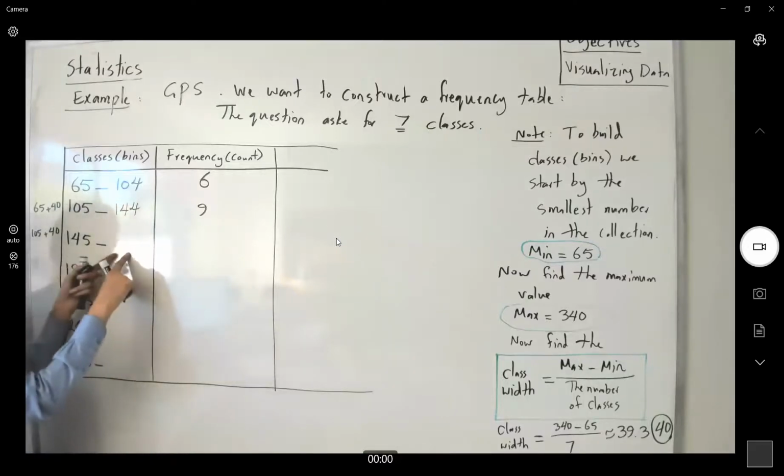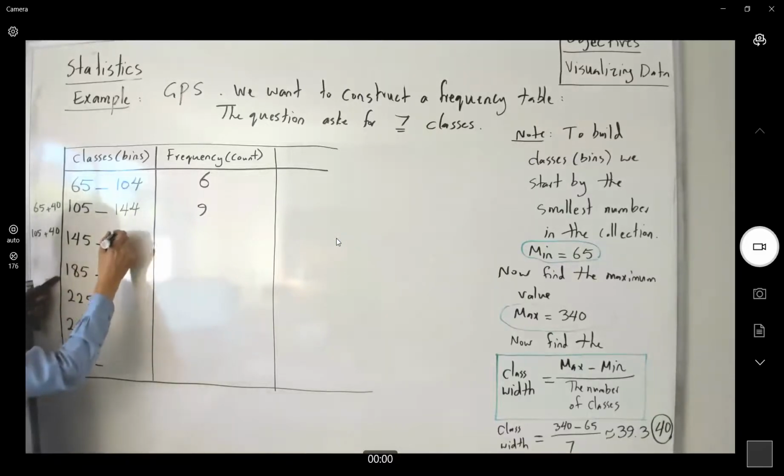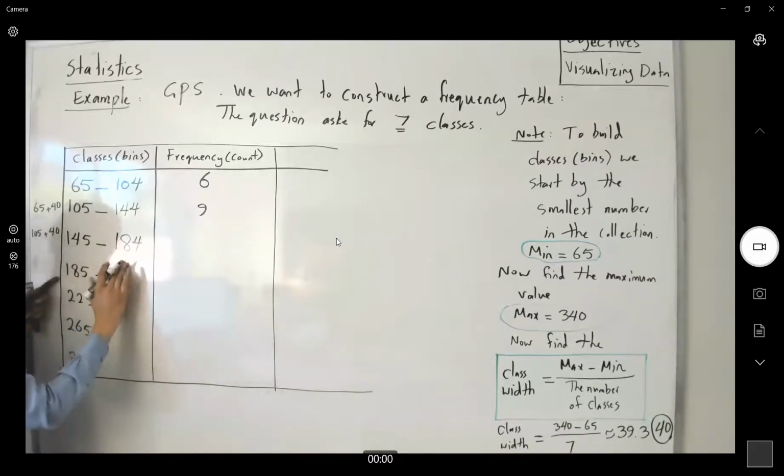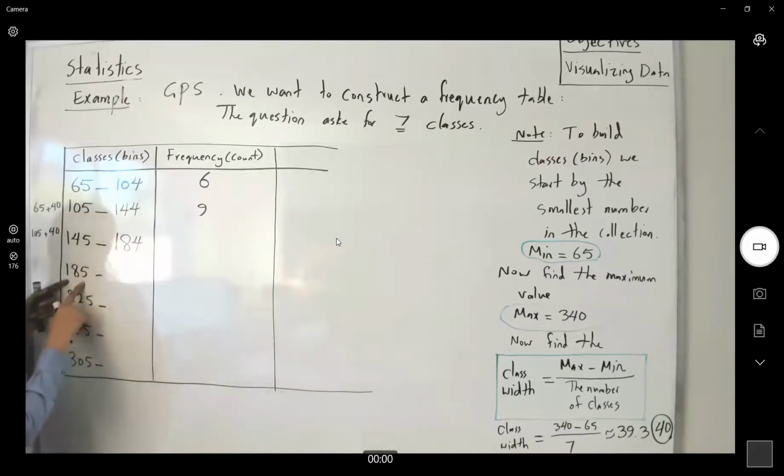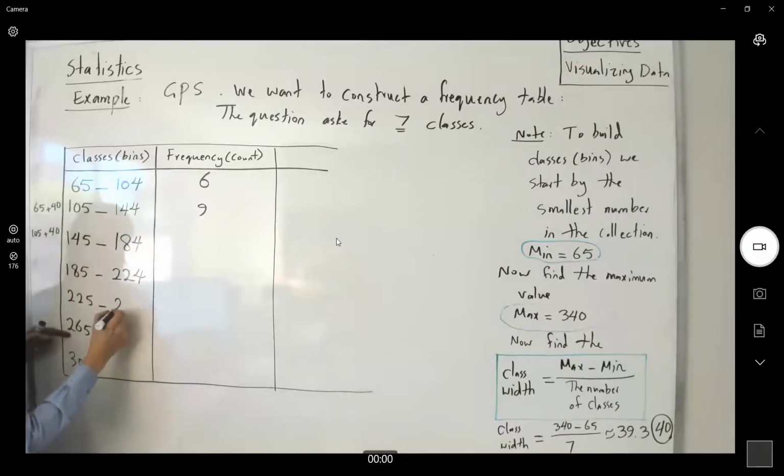So what is the upper limit of the third class? It is 184. What's the upper limit for the next class? It's 224. What's the upper limit for the next class? Is 264. And here you have 304 and the maximum value.